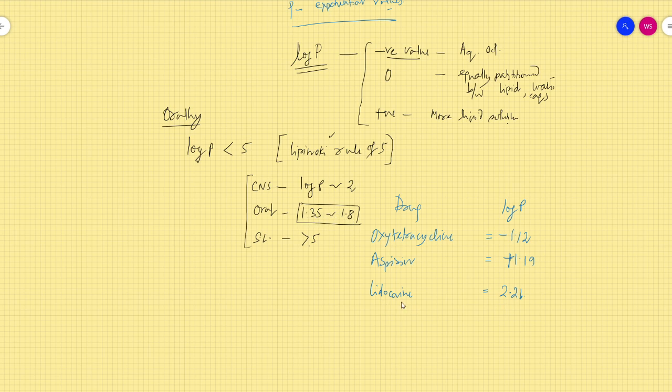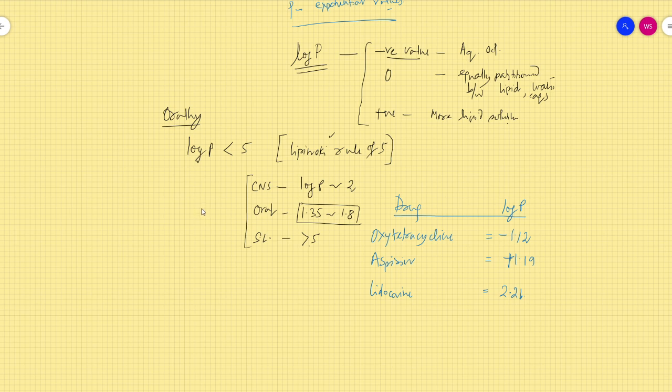But here we see that lidocaine is highly lipid soluble. Okay, but we need it for systemic action. So if we give it orally, it's not going to be absorbed significantly because its value is more than 1.8. So how do we administer lidocaine? We would administer it parenterally.